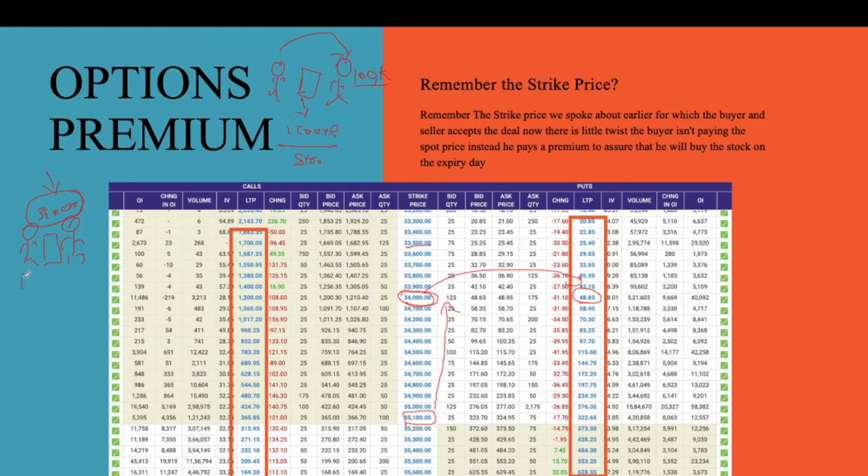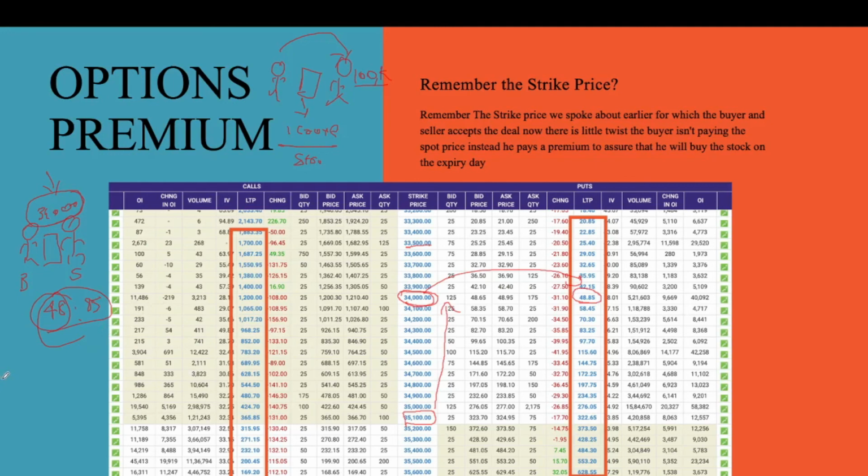So the buyer is saying to the seller that I need Bank Nifty at 34,000 rupees. For that, I'm going to pay you a premium of 48 rupees as decided here, 48.85 to be precise. I'm going to exercise my option, saying that on this particular day, on the option day, if it comes to this level, I'm going to exercise my option, or else I can close it.